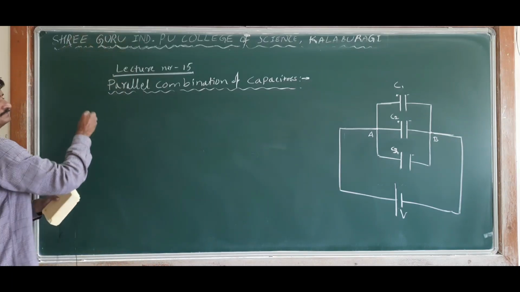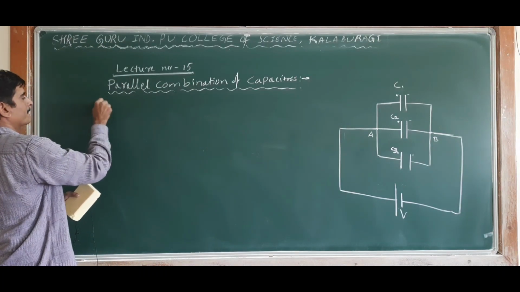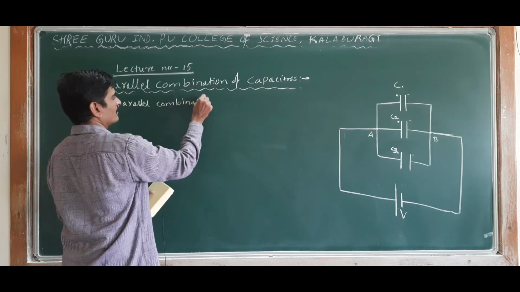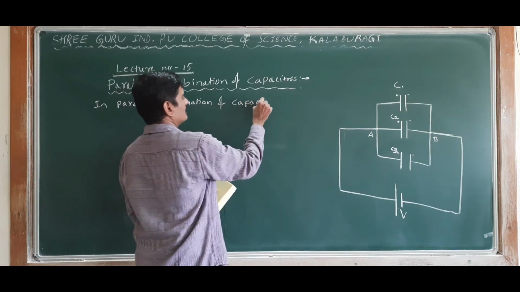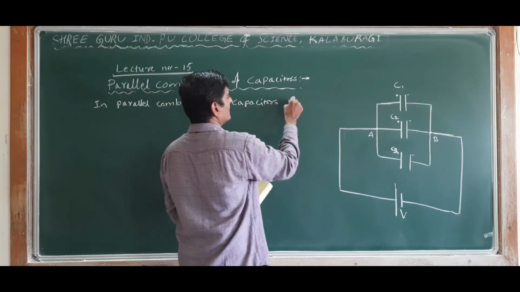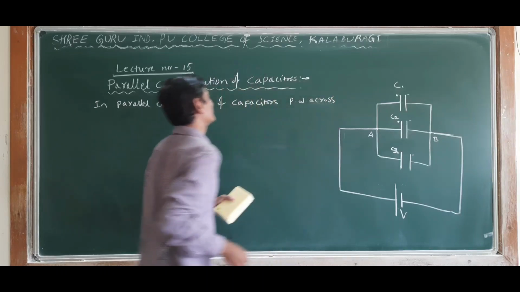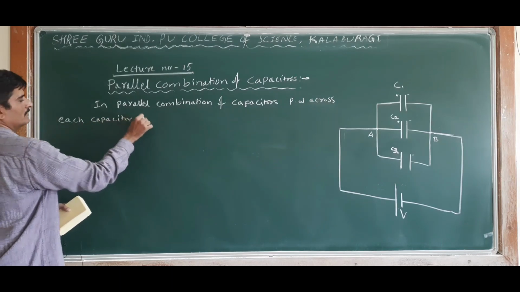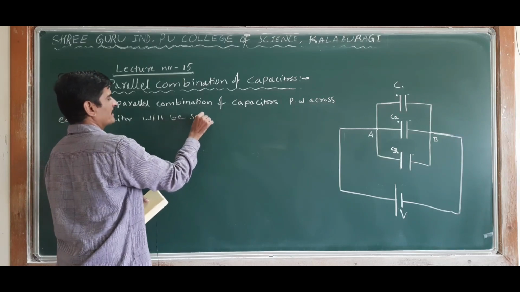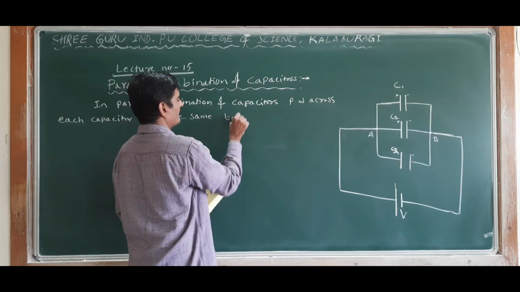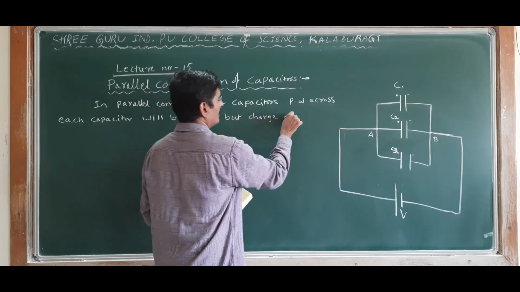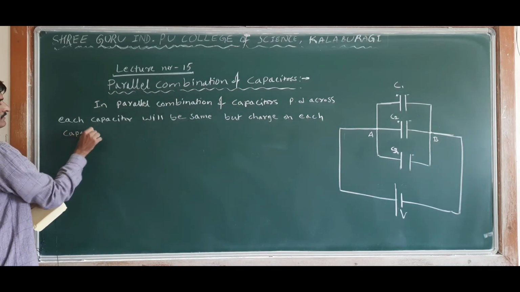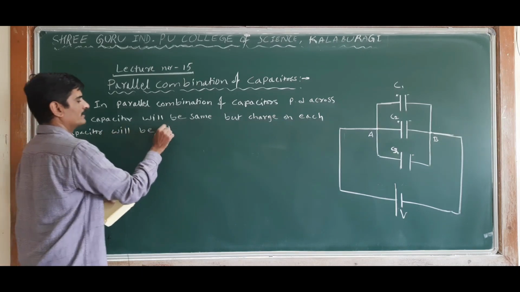So in a parallel combination of capacitors, potential difference across each capacitor will be same or constant, but charge on each capacitor will be different.